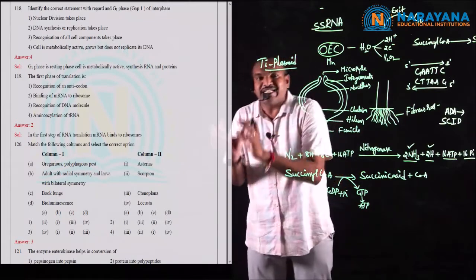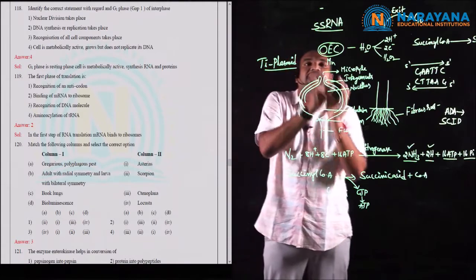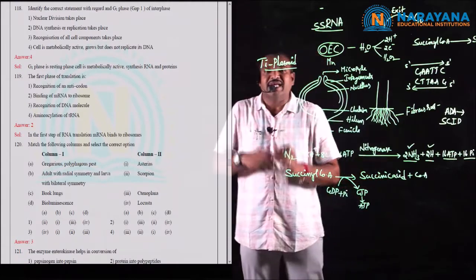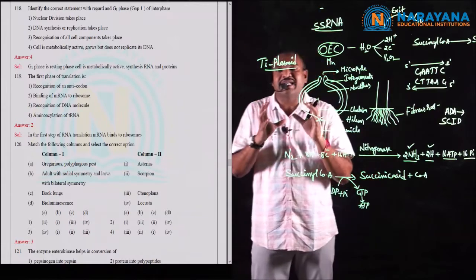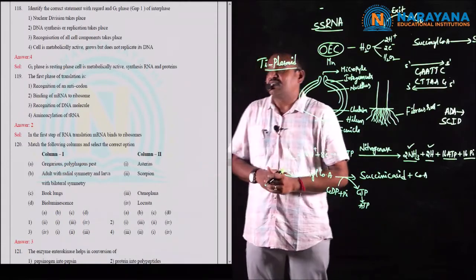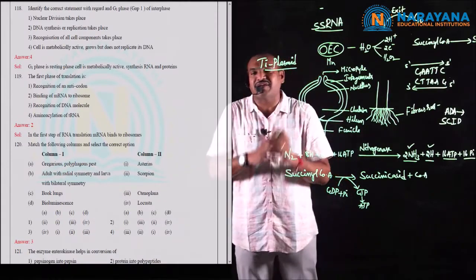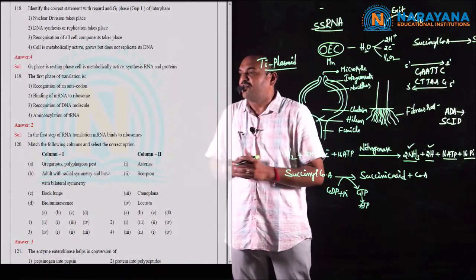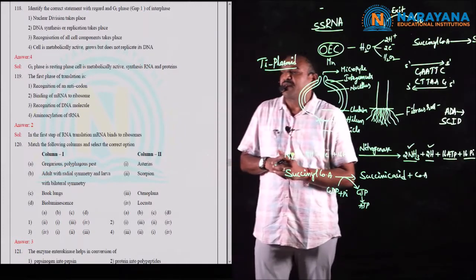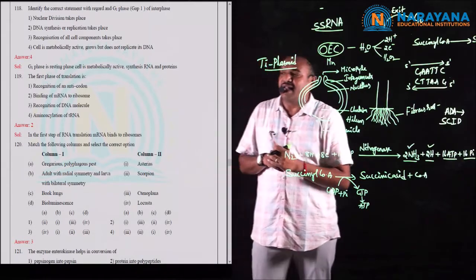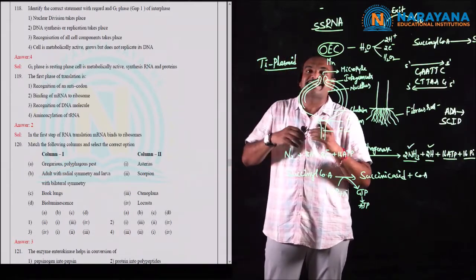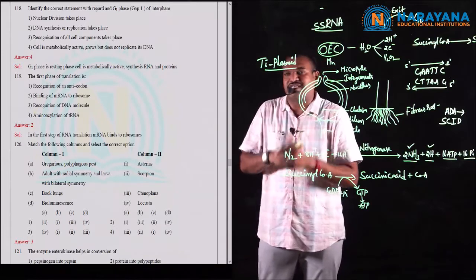That means an activated amino acid is attached to the 3' end of tRNA. That itself is called aminoacylation of tRNA, or charging of tRNA, or activation of tRNA. Binding of mRNA to ribosomes is the initiation of translation.